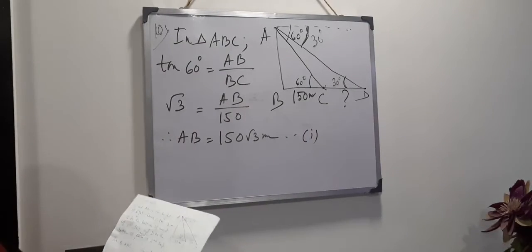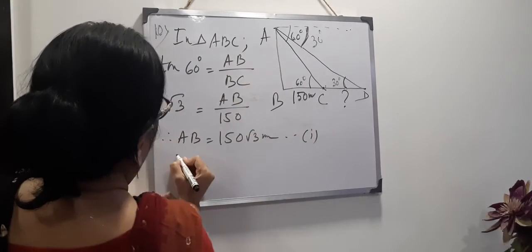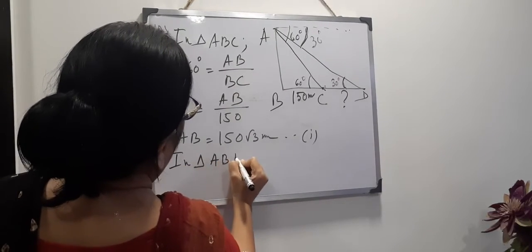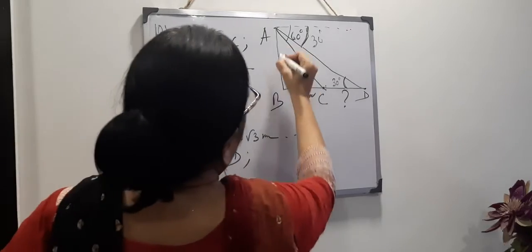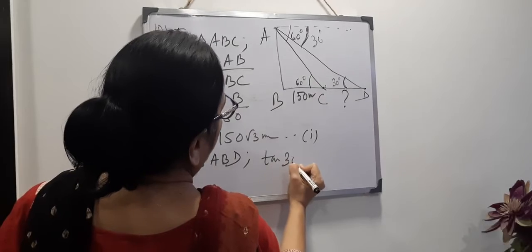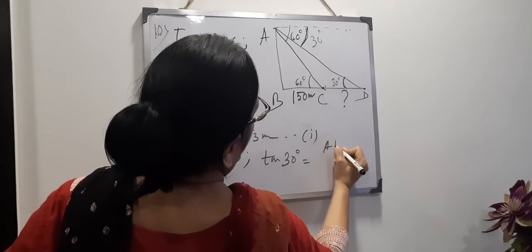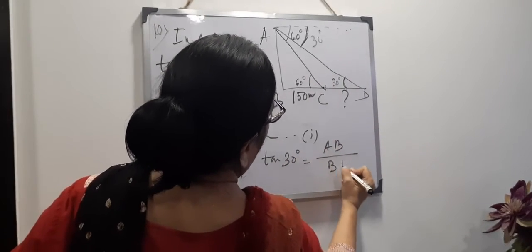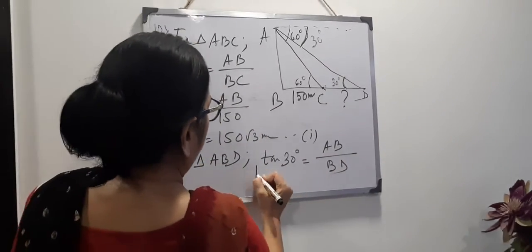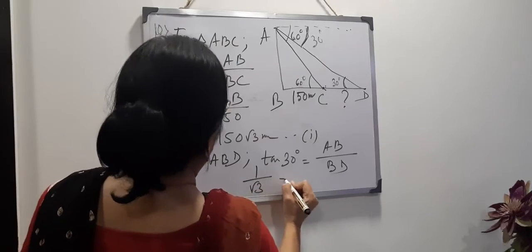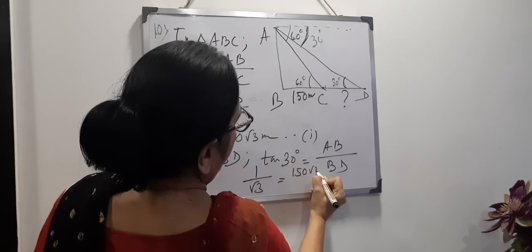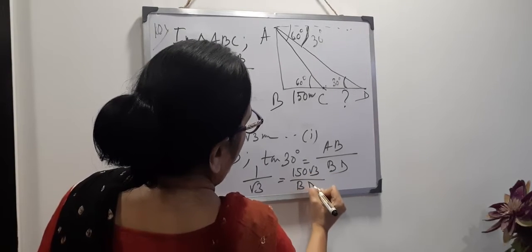Then we consider triangle ABD. In triangle ABD, here the angle of elevation is 30 degree. So tan 30 equals AB by BD. You know the value of tan 30 is 1 by root 3. 1 by root 3 equals AB, 150 root 3, by BD.